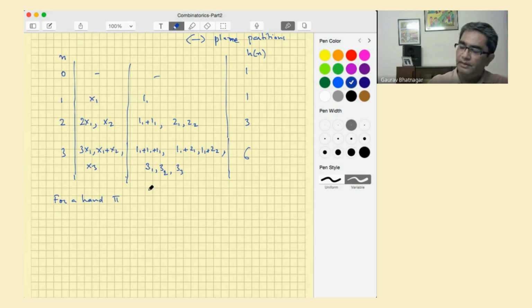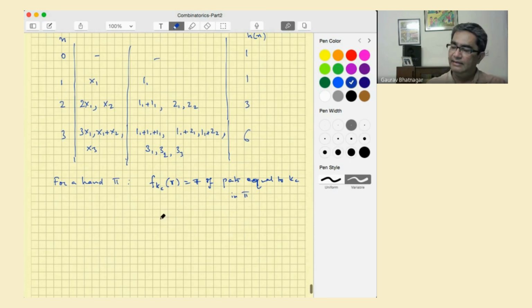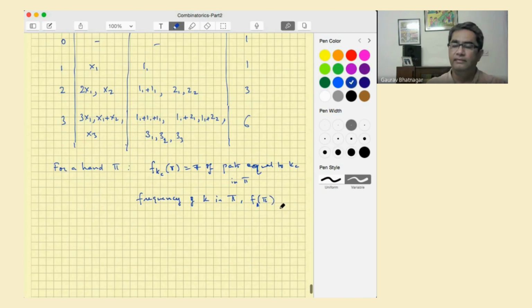In terms of listing them, for a hand pi, let's define fk for some color of pi as the number of parts equal to kc in pi, and the frequency of k in pi, this is fk of pi, will be the sum of all the kc, where kc belongs to xk.